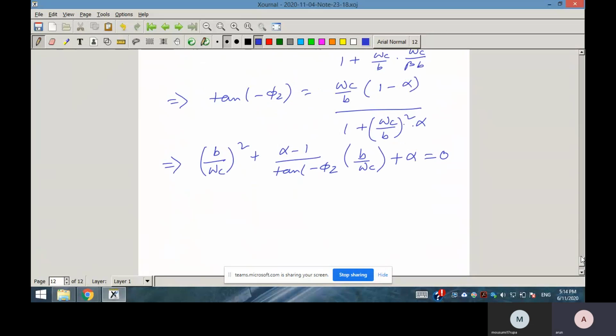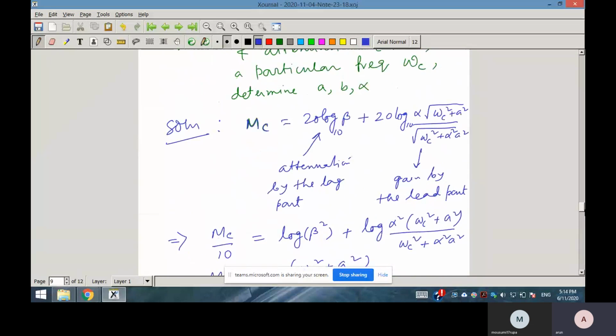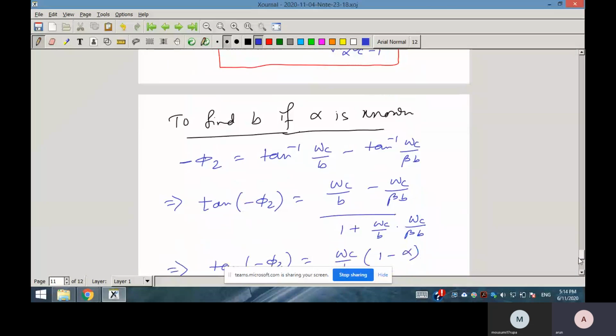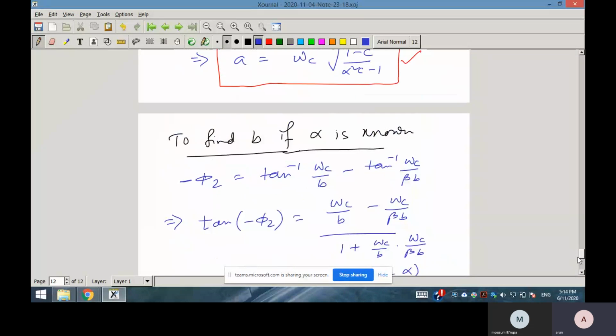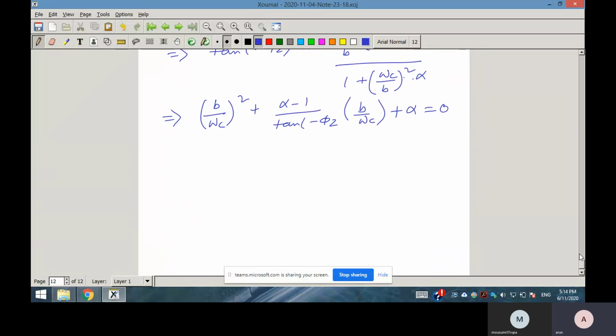So now, omega c, you have to solve for b. So one can assume that omega c is much greater than b. Otherwise, considerable phase lag will be provided by the lag part, and we are assuming that the phase lag provided by the lag controller is negligible, almost 1 to 5 degree.